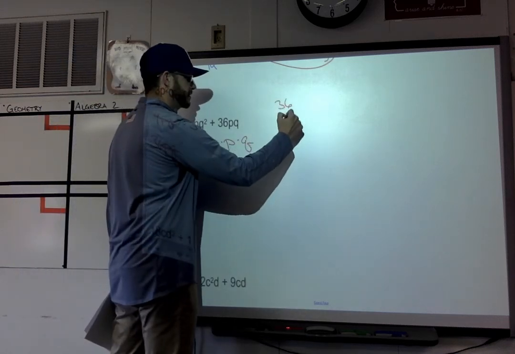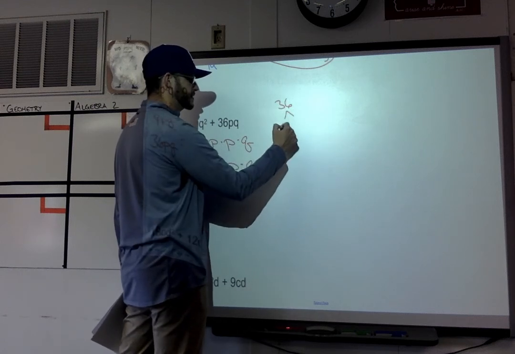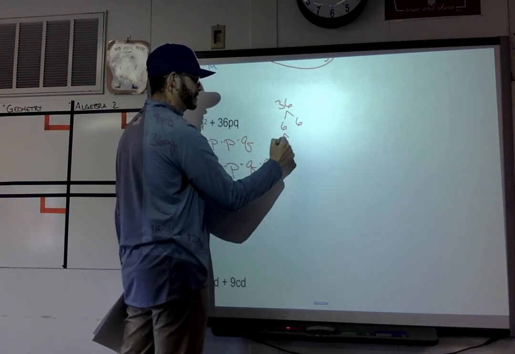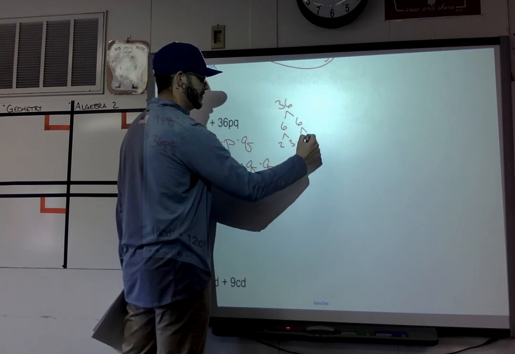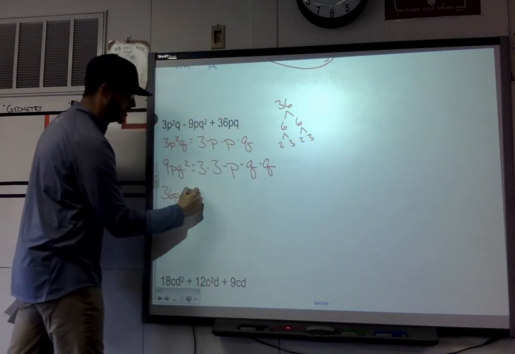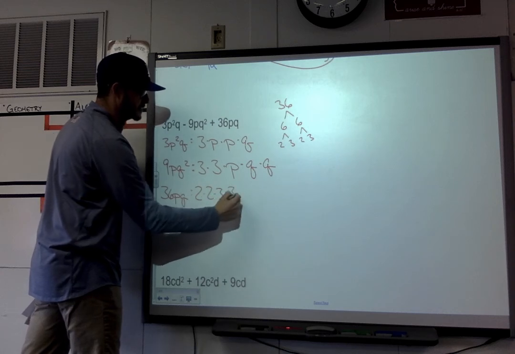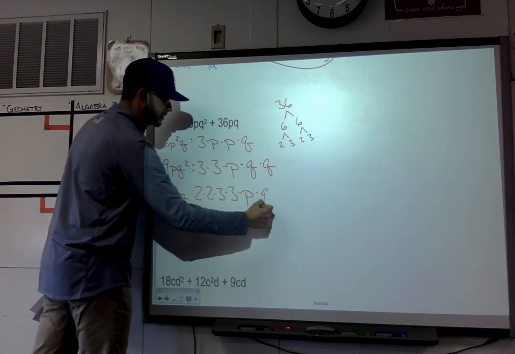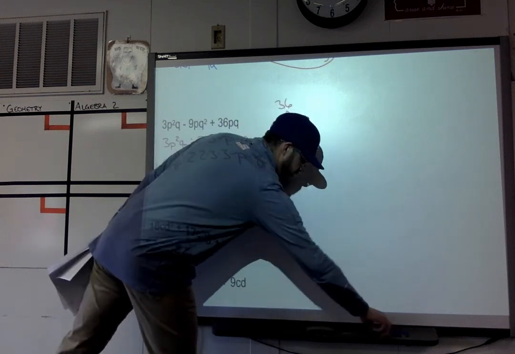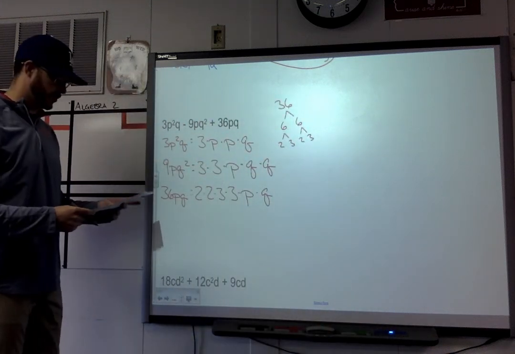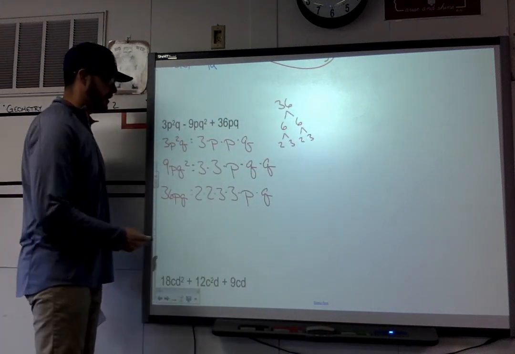If I do my factor tree for 36, I can do 6 times 6, which each simplify down to 2 times 3. So here I would have 2 times 2 times 3 times 3 times p times q. Now I need to figure out what they all have in common.